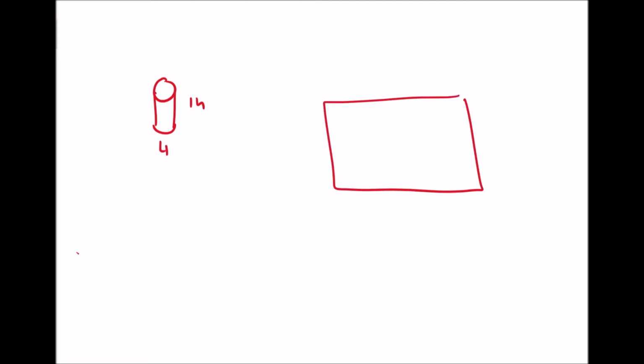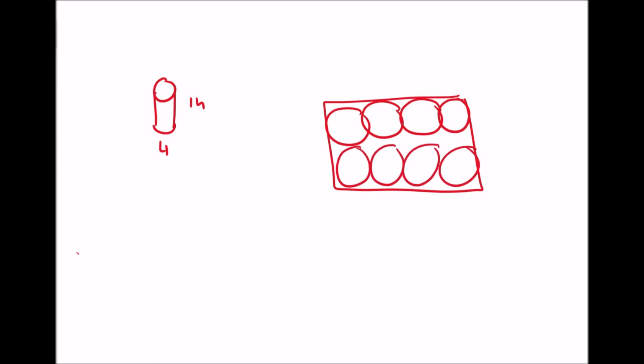Okay, next one. So we have a cylinder, and this cylinder is 14 high and 4 wide, and it's placed in a box like this. And there's 4 of them wide, and they fit exactly into the box, and 4 of them this side as well.